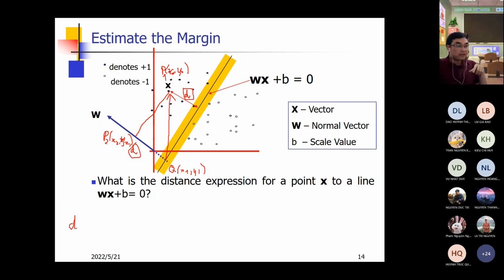So the distance of x, which is what we are trying to calculate, can be calculated by this formula divided by the magnitude of the vector, with a square root here.